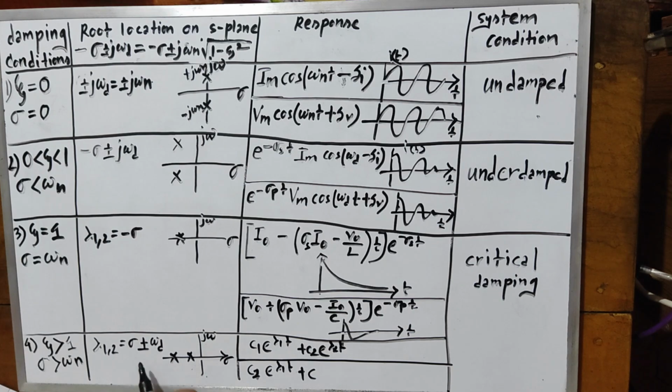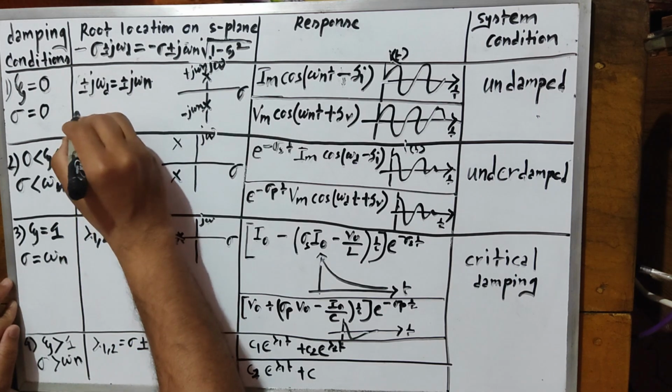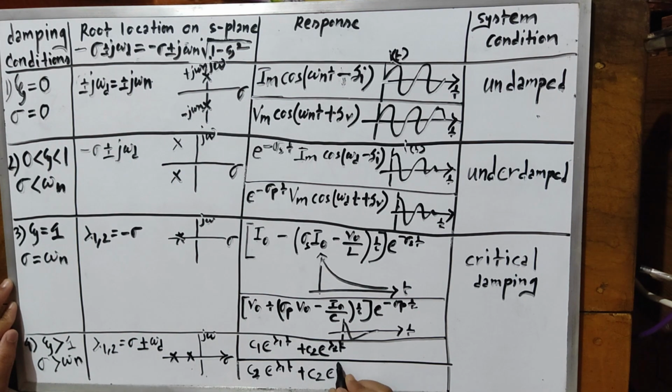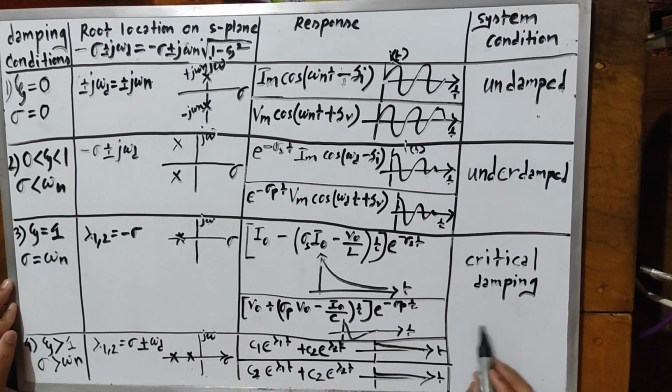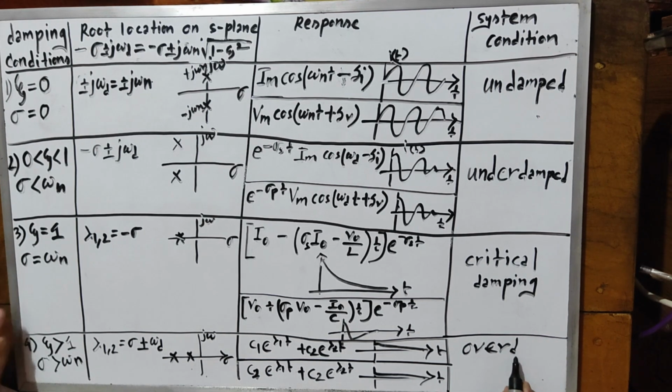The roots are real. So this response is a delayed response with no oscillation. This kind of damping condition is overdamped, where the Napier frequency, the damping frequency, is greater than the oscillating frequency.